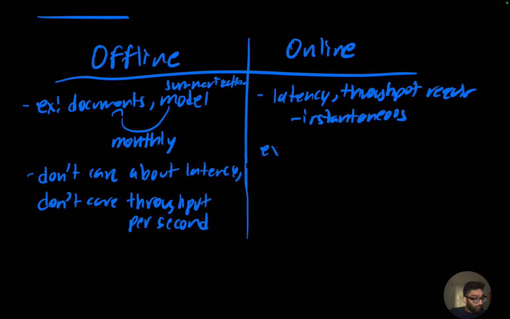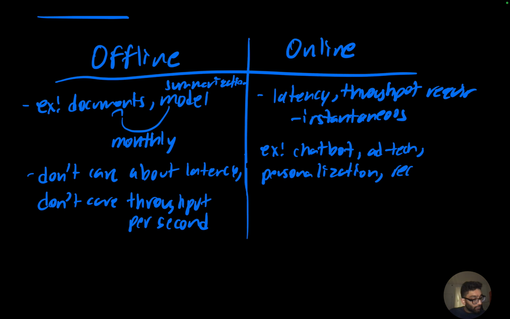Examples of this include chatbots. If you're, for example, using ChatGPT, you expect a response back as soon as you have an input query. Other examples include ad tech use cases, personalization use cases, and even things such as recommendations. If we need recommendations generated, these are all online use cases.